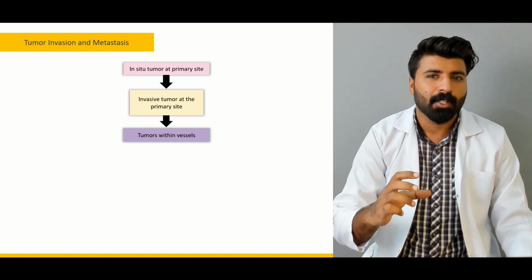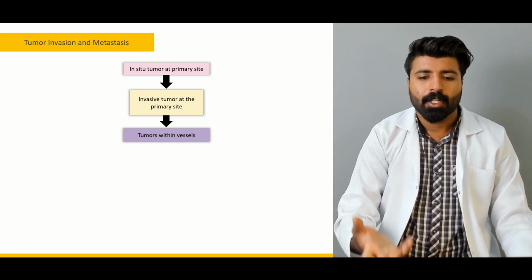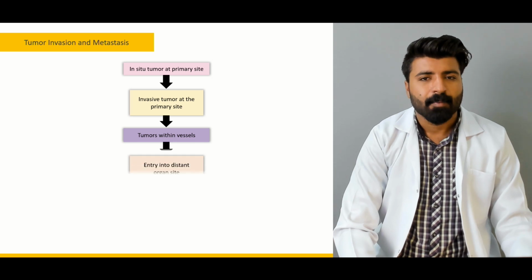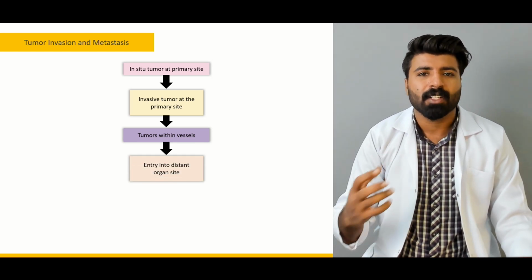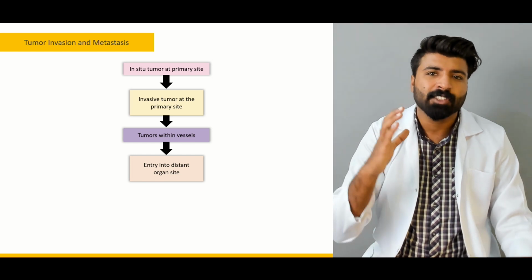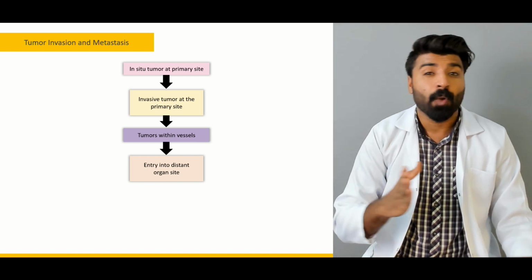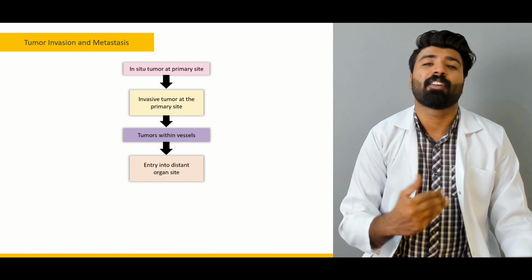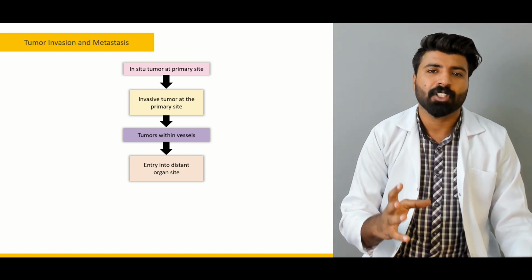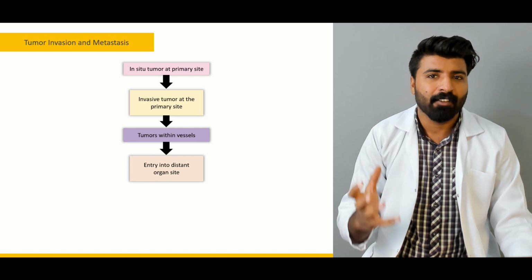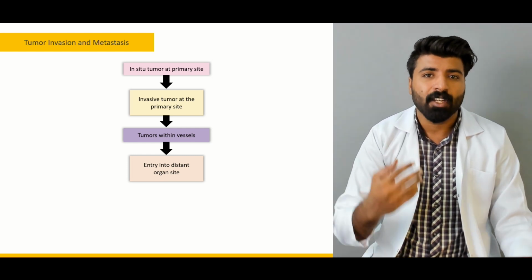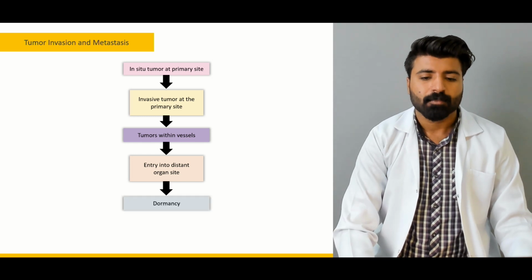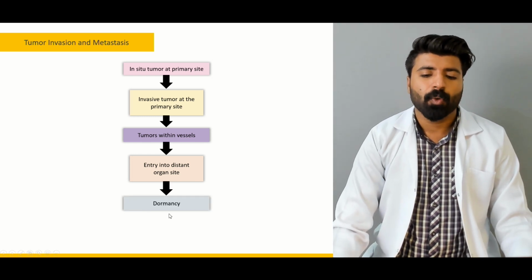And when it reaches the blood level, what's going to happen? It's going to be within the vessels. And when it's within the vessels, entry into the distal organ site will be very much possible. It will get inside that blood. It will go on to any organ it wants. And basically it goes on to those organs which are very rich in blood supply, like liver, kidneys, heart, lungs, all of those areas which are very rich in blood supply. And then they go into a dormancy phase.